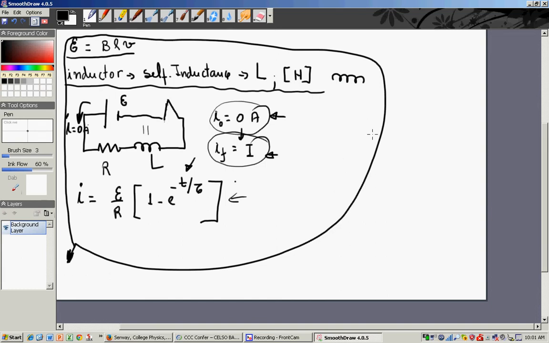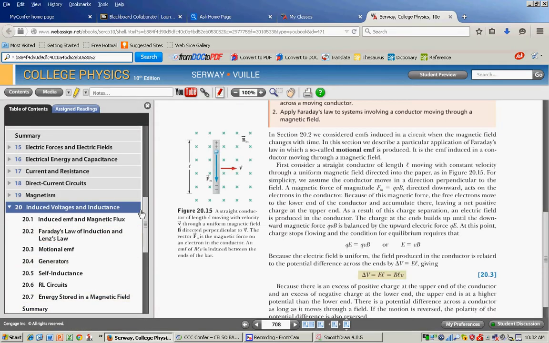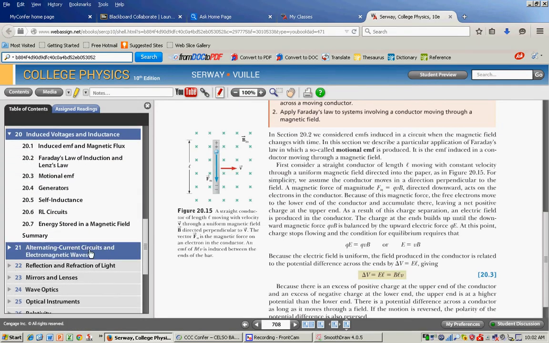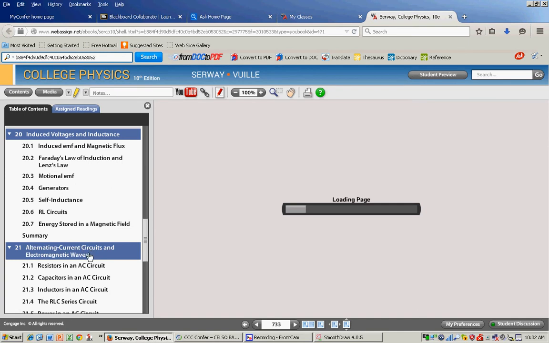So I have the equipment, and then you're going to see these circuits, this operation going on, and the whole AC subject, which is the next chapter in our book, alternating current. So all of these will be now explored in lab, basically.